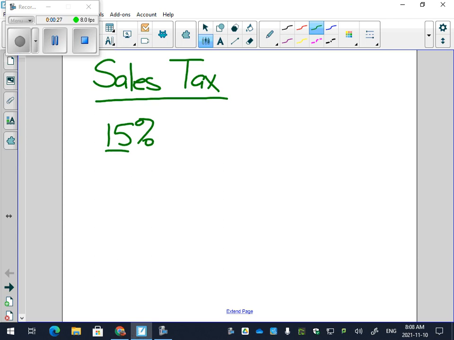We're going to use the base 10 number and then go off of that. Our HST, which is what we have now in Ontario, is actually 13%, but you can see that they're really close in value.